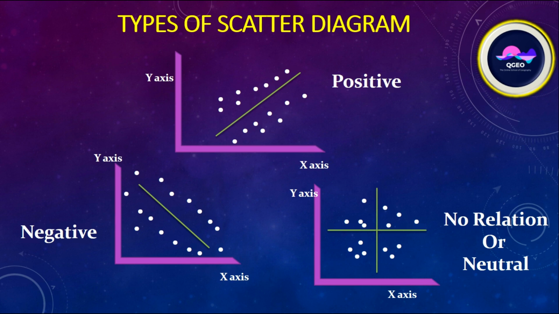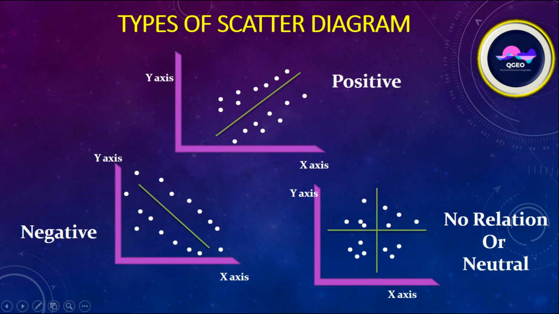Suppose the temperature of a patient and the mercury level on a thermometer, this relation is positive. In this way we can show the positive relation.